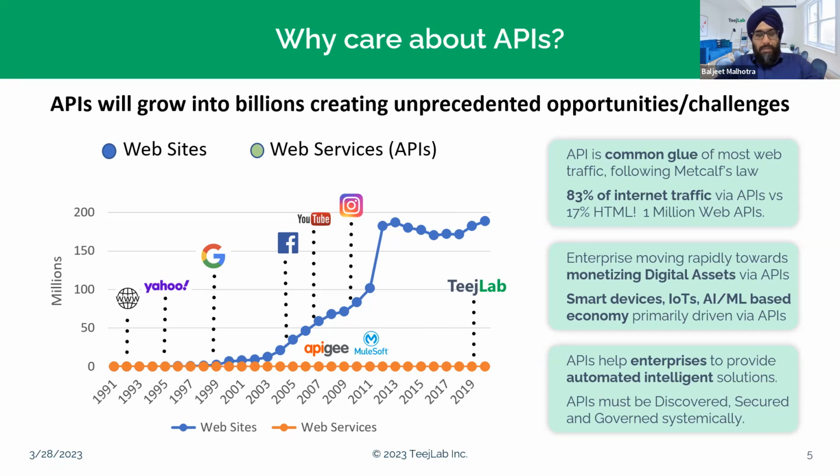Although these APIs are not at the same scale, running into millions or billions, it's just a matter of time. Every IoT device's data has already moved into the cloud, or it's moving into the cloud. Software has become services. Software is moving into the cloud.